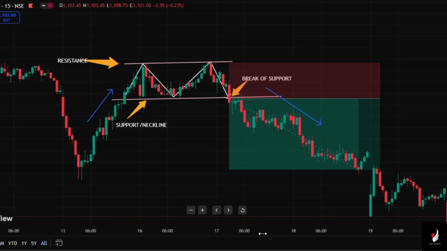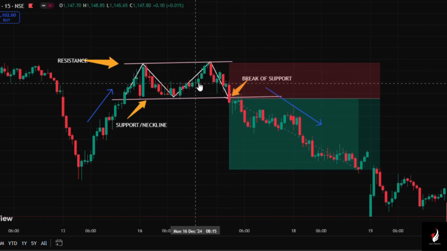Now we will see how to trade the double top pattern in the real market. As you can see here, there is a resistance and there is a support. The market was going up, tapped the resistance two times over here, came down and finally broke the support line over here.